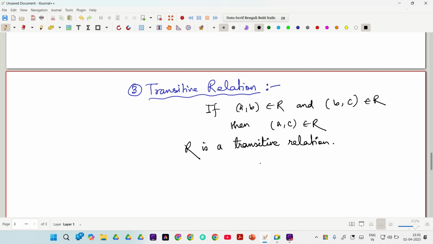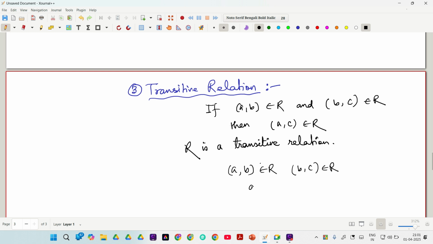I'm explaining this definition. What is this definition trying to say? That if we find a and b that belong to the relation R, then we will check again whether (b, c) belongs to R or not.